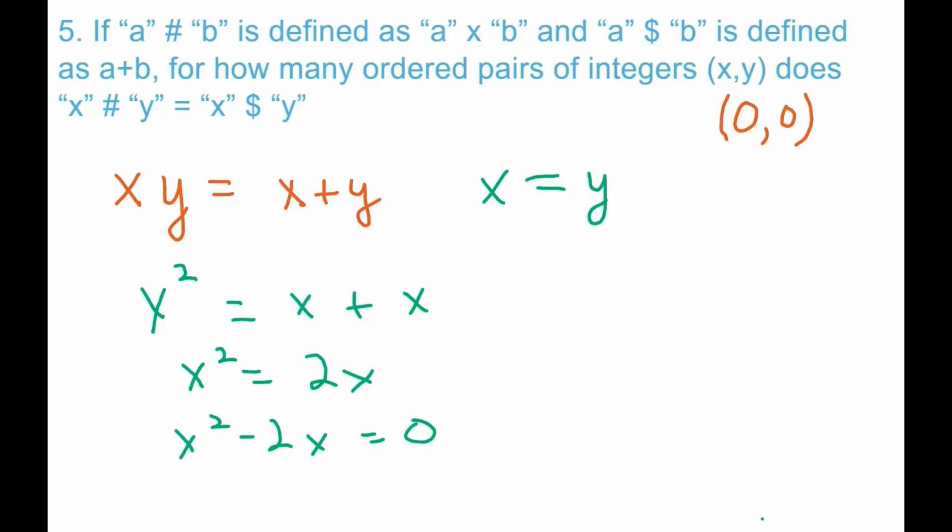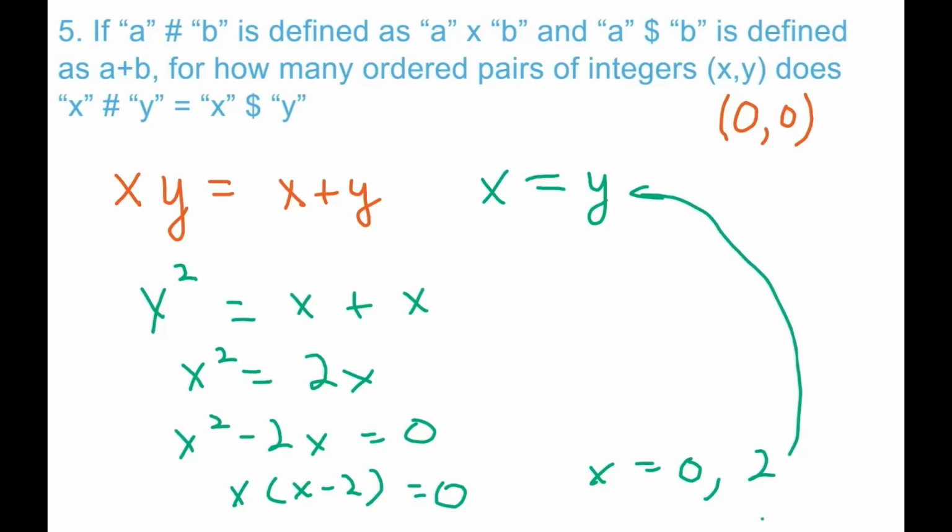And factoring this, we get x times x minus 2. This tells us that either x is equal to 0, which is the solution that we already derived, or x is equal to 2. Then, applying this in this equation, we know that y is also equal to 2.